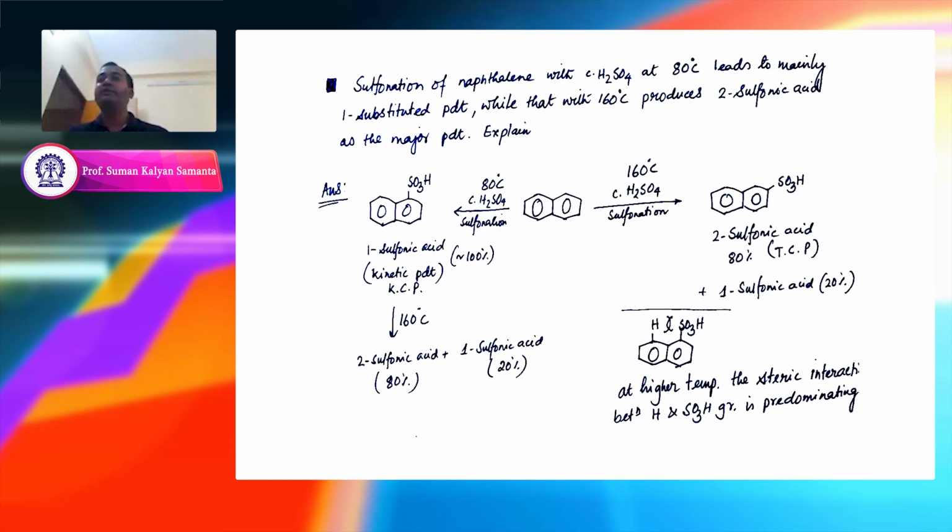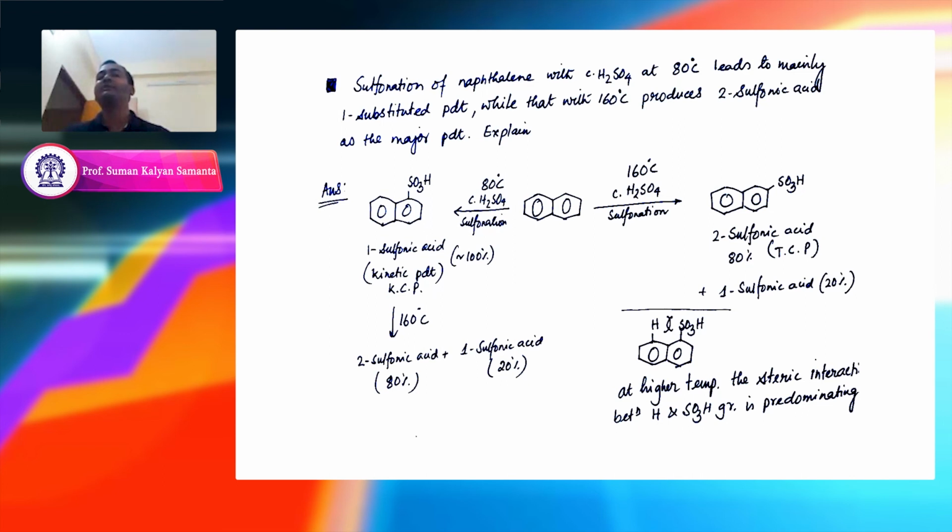In order to find out, they took labeled sulfuric acid, H2SO4. Sulfur is 34, so here they have taken sulfur 35. So this SO3H, this S will be labeled as 35, S35. They took this 1 sulfonic acid and heated it at 160 degrees in the presence of labeled H2SO4. What would you expect?